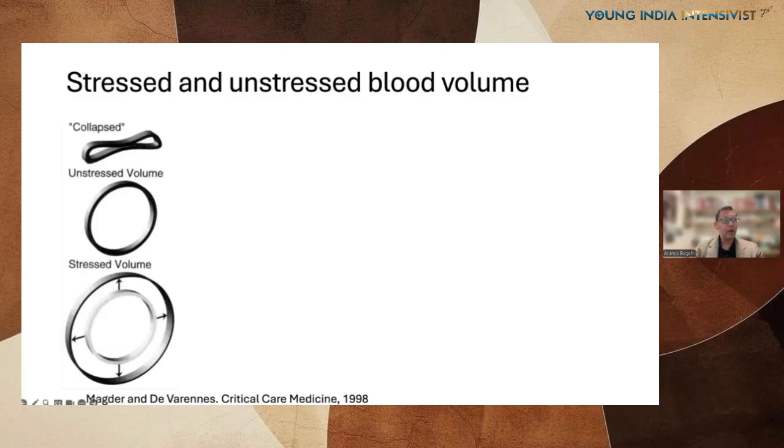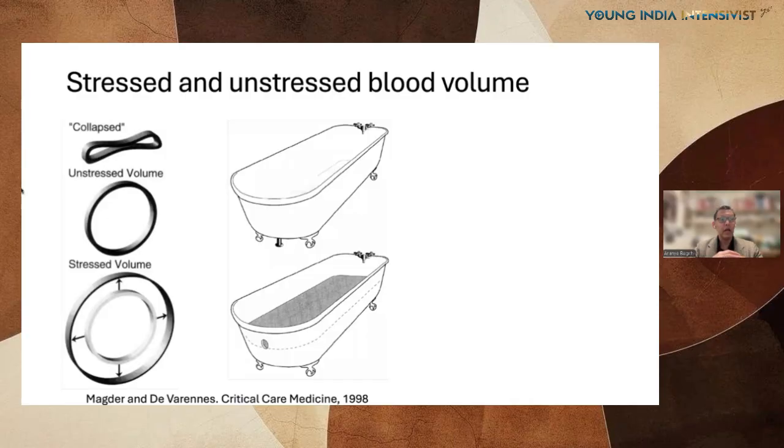So the amount of blood that fills the veins without increasing the venous pressure is the unstressed volume. And then once there's more blood volume, once it actually starts to distend the walls of the veins, you create a stressed blood volume.